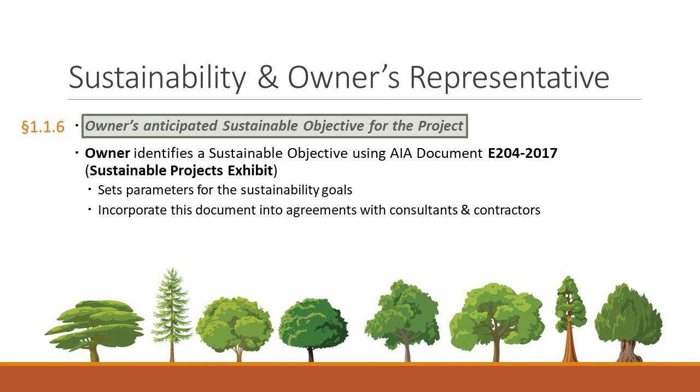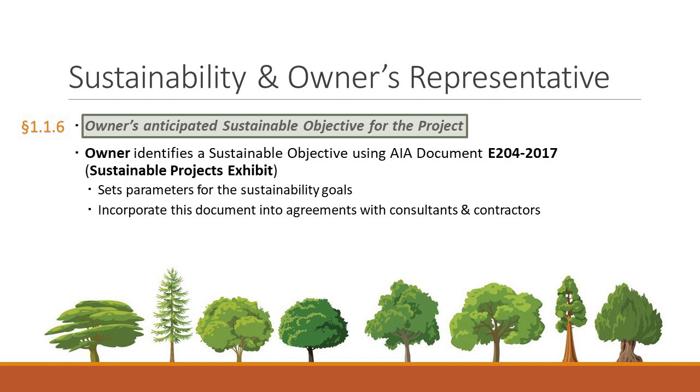You have to fill that out, and it talks about the ideas that the parties want to use, and it sets parameters to give the architect knowledge and information. Should I be going for LEED gold, LEED silver, LEED bronze? What am I looking for? What information does the owner need? What are the priorities or obligations that each party has to achieve the sustainable objective?